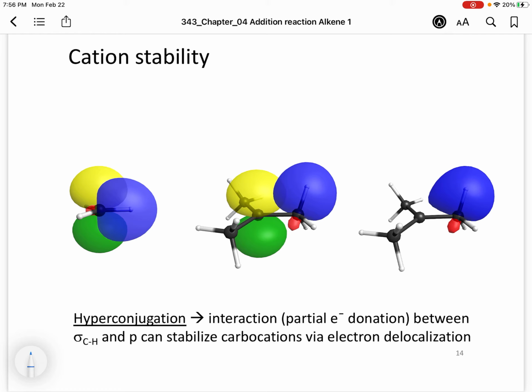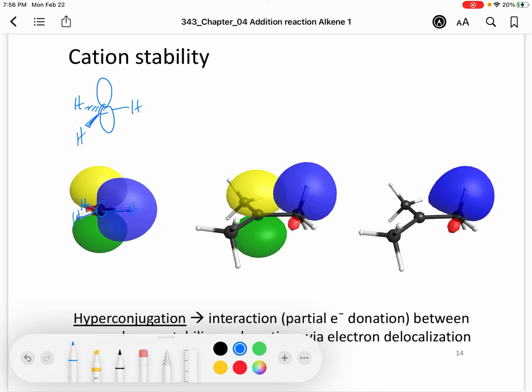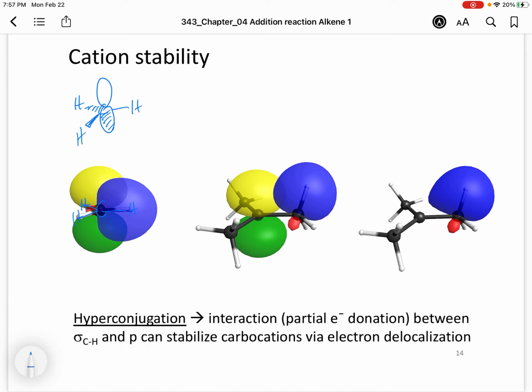So here I've got a simple methyl cation, the one that we don't want to form. CH3 plus, really unstable. What happens is that this carbon here has an empty p orbital. Notice here that there's no benefit from the hydrogens on this carbon.